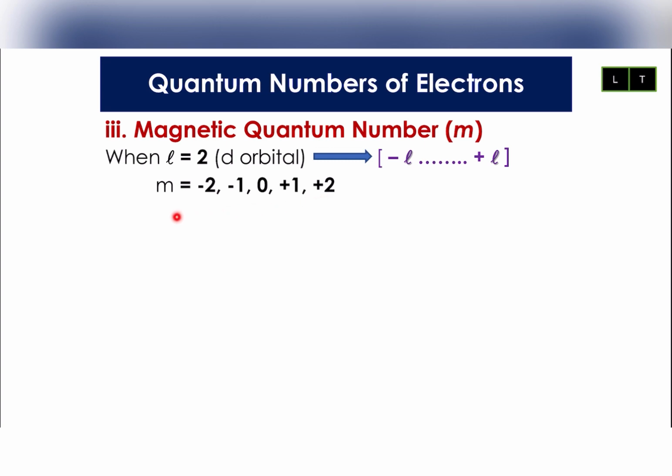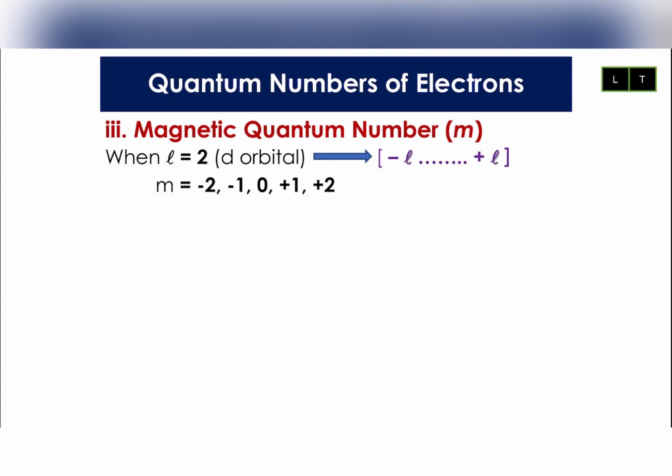So you have to list down all the values between them. This is how you use the range of scale: 0, and then to the right we have 1, 2, 3, and to the left we have negative 1, negative 2, negative 3.